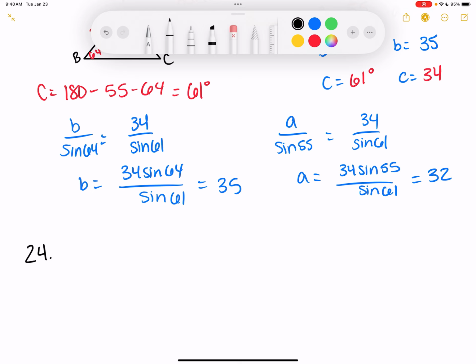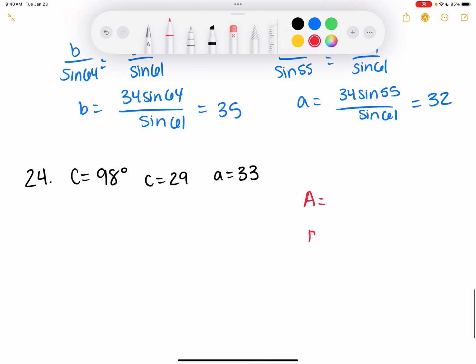24. Angle C is 98 degrees. Side C is 29. Side A is 33. So, what scenario do I have here? Side, angle.